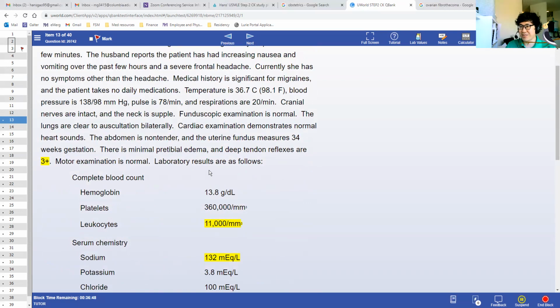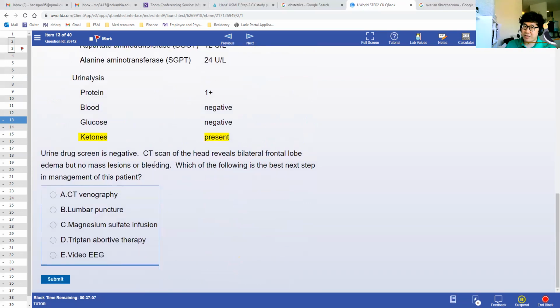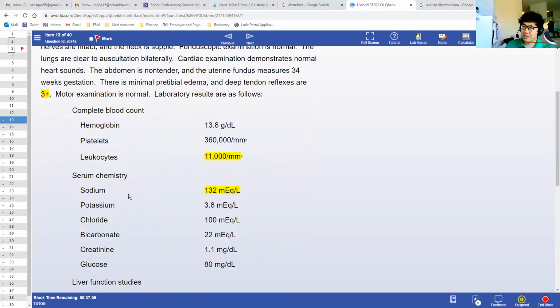This is one of the ones where I don't really have a diagnosis. Doesn't sound like it's meningitis. Doesn't sound like it's because of hypertension. Doesn't sound like it's infectious. Doesn't sound like it's because of some kind of mass or acute ischemic or hemorrhagic stroke. Let's take a look at the answers. CT venography.